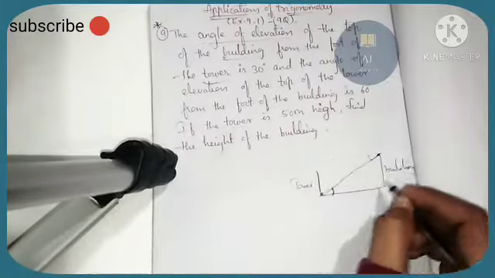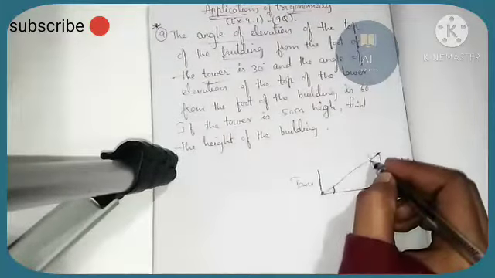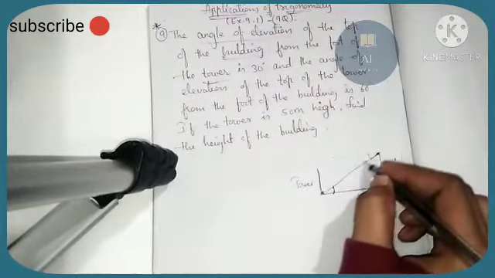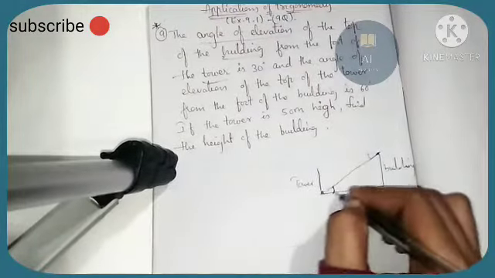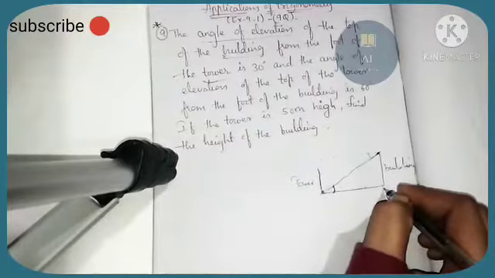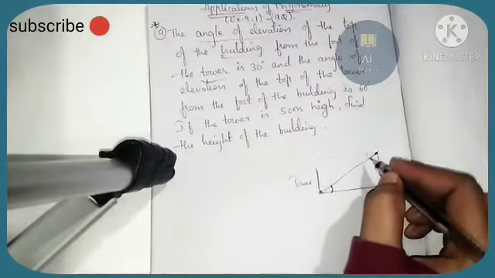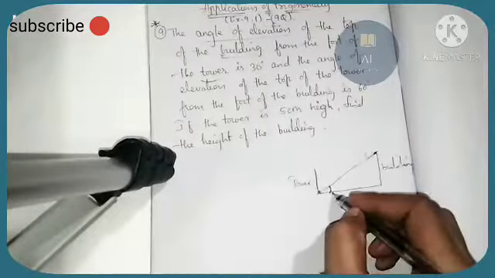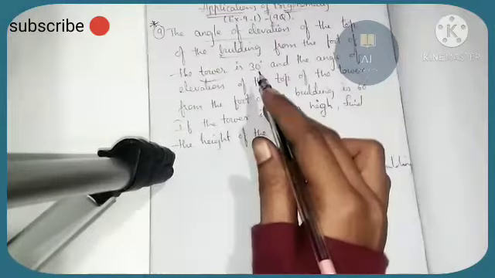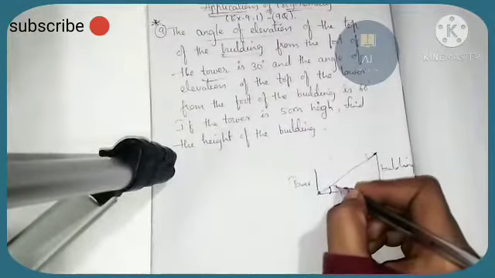This is angle of depression, below the horizontal line. So you have to take angle of elevation above the horizontal line. This one is correct. So this is 30 degrees you have to take.